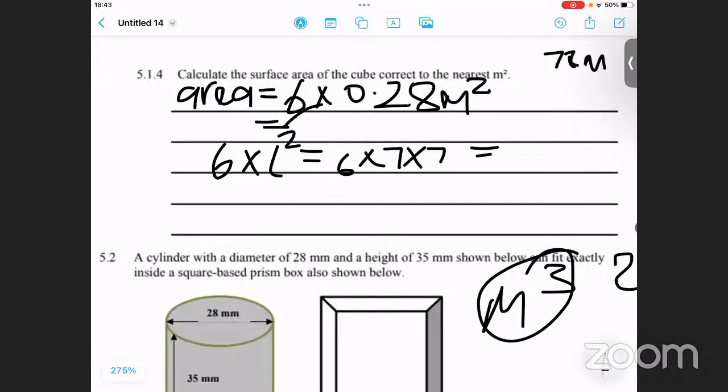Then we get the answer in centimeters and convert it to meters. So what are we having here? 6 multiplied by 0.28. Are we having 1 comma something?